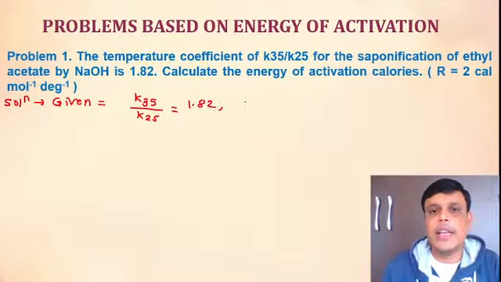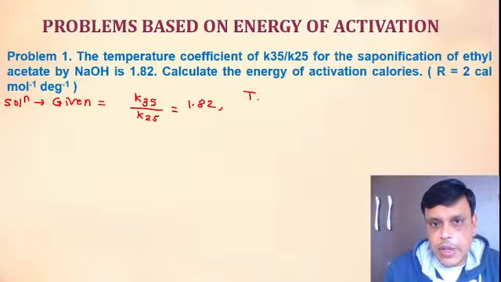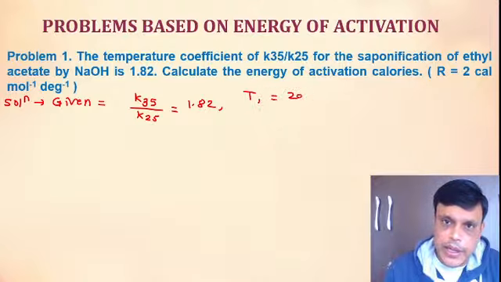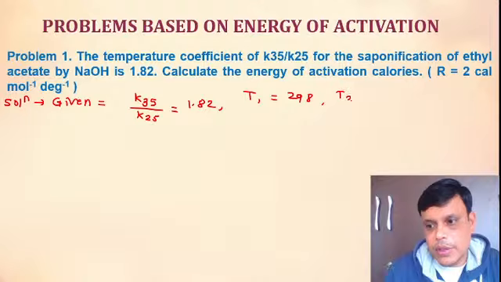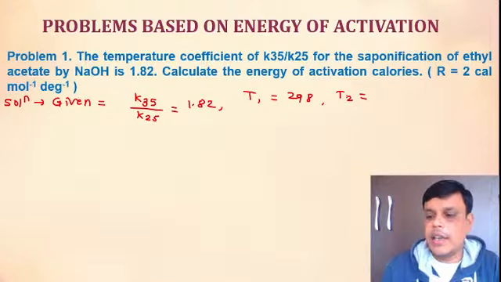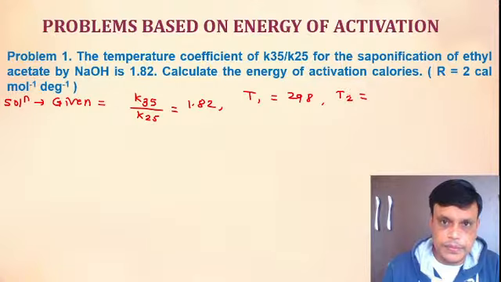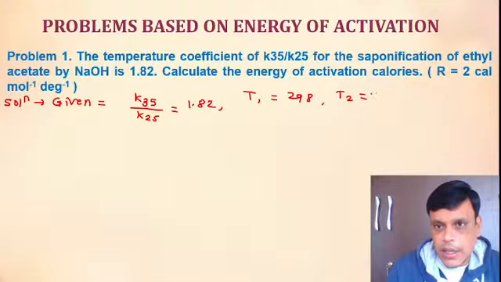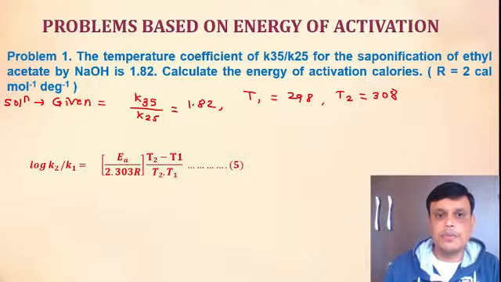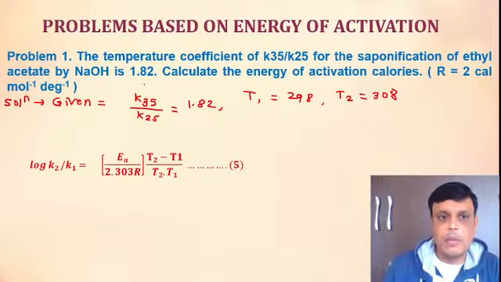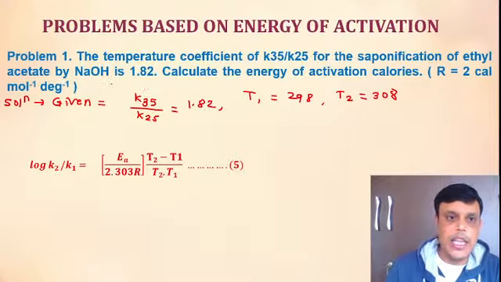Then T1, the temperature in Kelvin, is 298. Correct. And temperature T2, Sneha, T must be capital. Temperature T2 is 308. This is given. And you know the equation now. This is our equation. Do you know the equation? What is the equation?